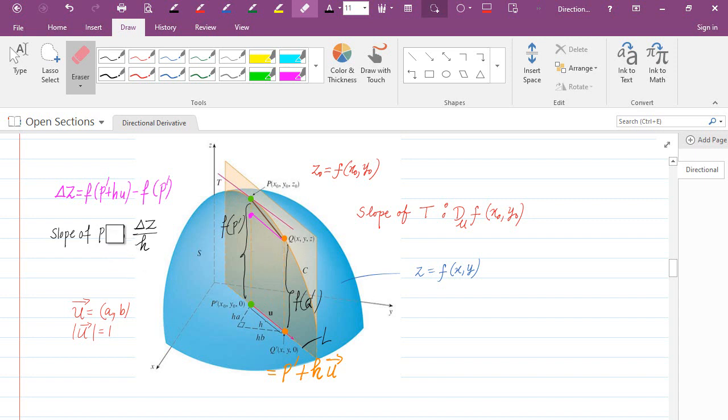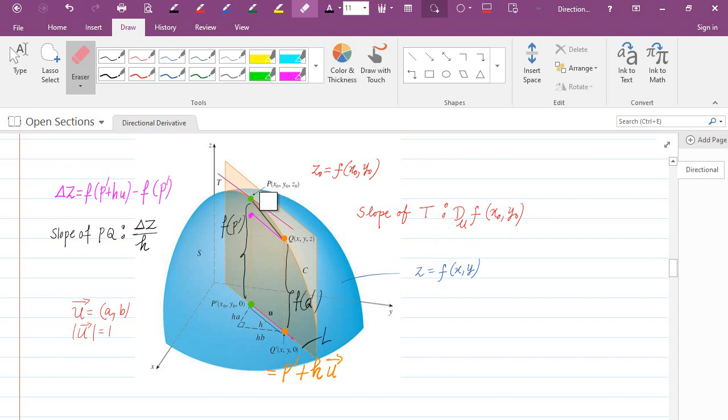So if we take the limit as h goes to 0, we're going to get the slope of the tangent line T. So what we see then is that the directional derivative of f in the direction of u at the point P prime is giving us the slope of the tangent line T to the orange curve at the point P.